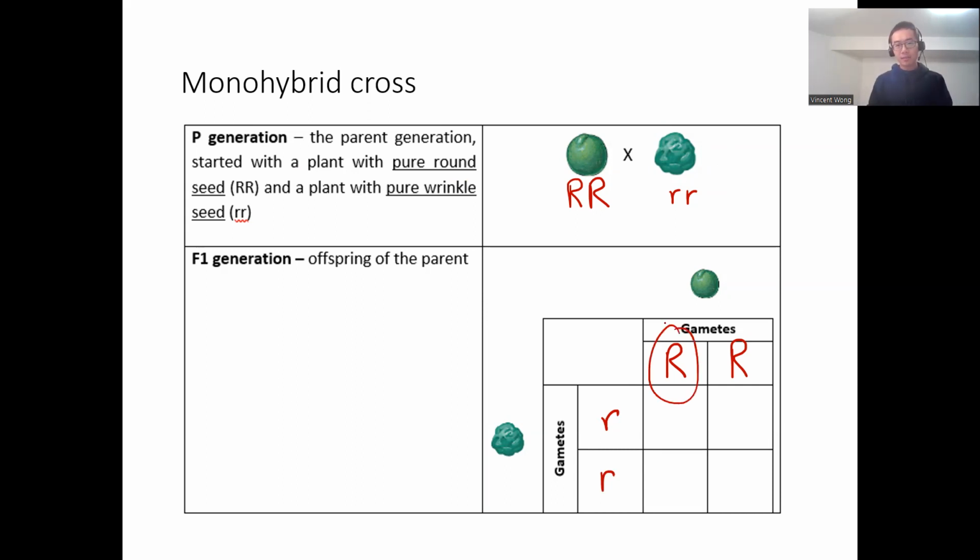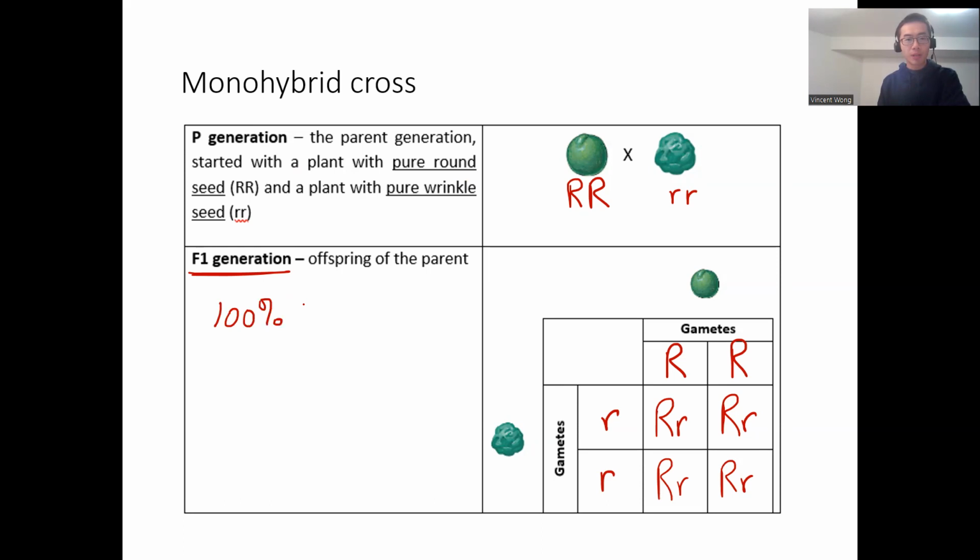So if this gamete and this gamete fertilize each other, the offspring is going to be big R, small r. If this gamete and this gamete come together, it's also going to be big R, small r. In fact, if you do all the possible combinations, the first generation, the F1 generation, will be 100% big R, small r, which means they will be 100% round.